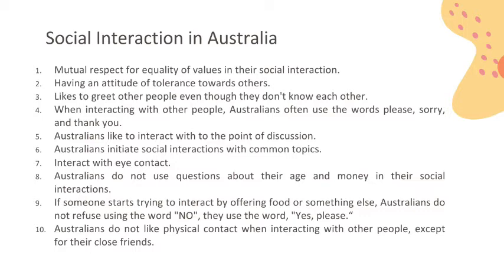The third is Australians like to greet other people even if they don't know each other. Or we can say it, Australians are friendly. The fourth is when interacting with other Australians, they often use the words please, sorry, and thank you.